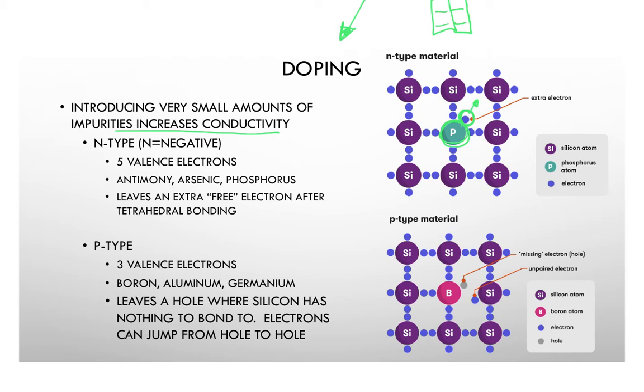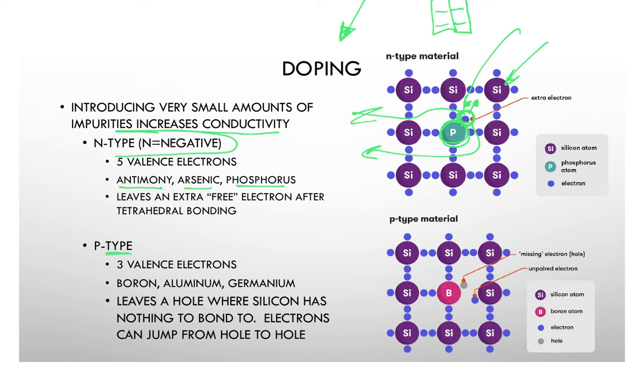It's extra, and so you've got a free electron that can now move through the structure, making it more conductive. Elements that will do this: antimony, arsenic, phosphorus. They're called N-type or negative doping. Why? Because they have an extra electron, which makes them a little bit more negative in terms of electrons than the silicon.